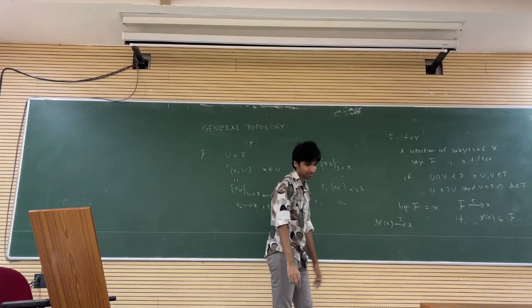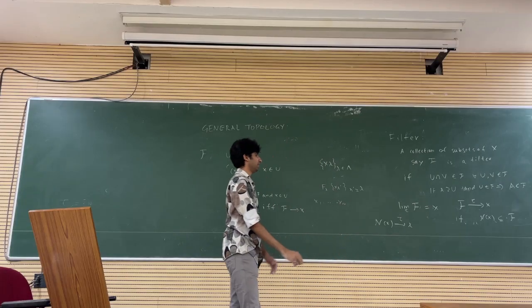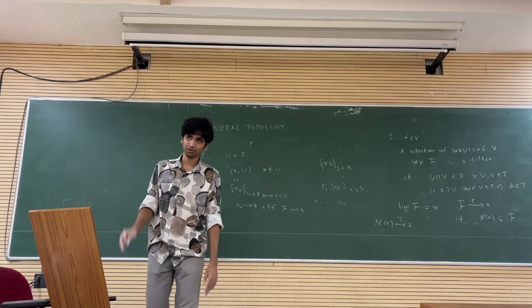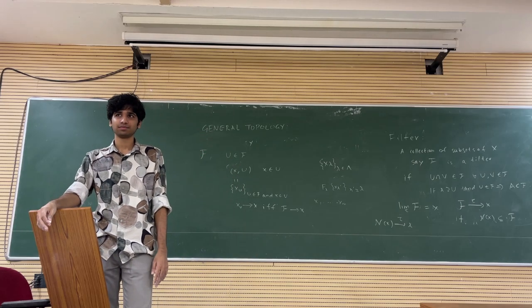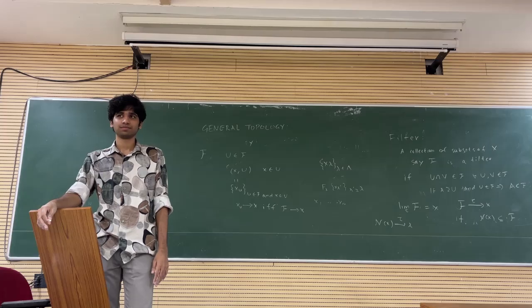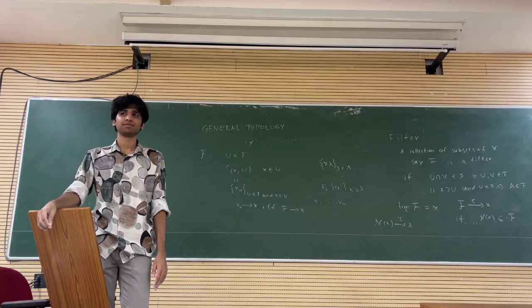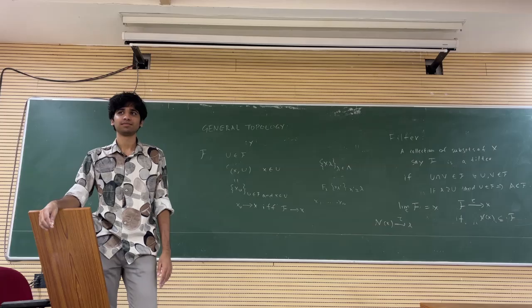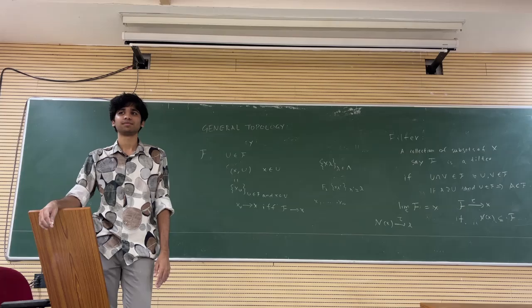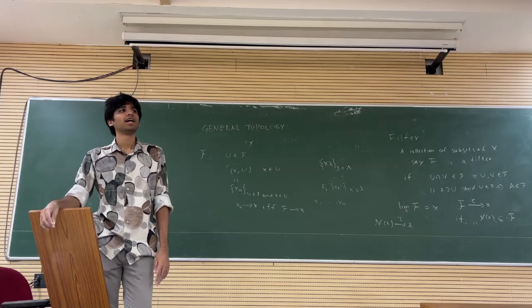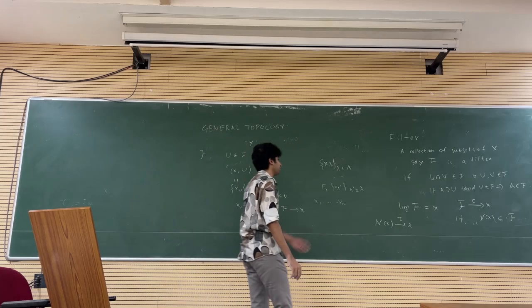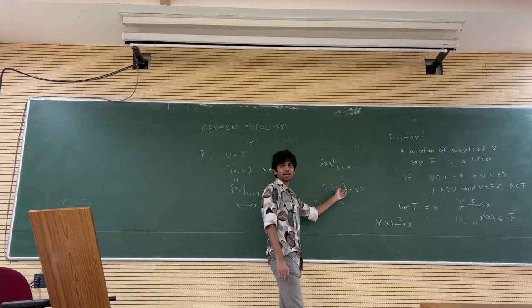And why is this a filter? To see this as a filter, you have to check those properties, that it's obviously superset closed. Can you check that? You have to include it in indices, right?